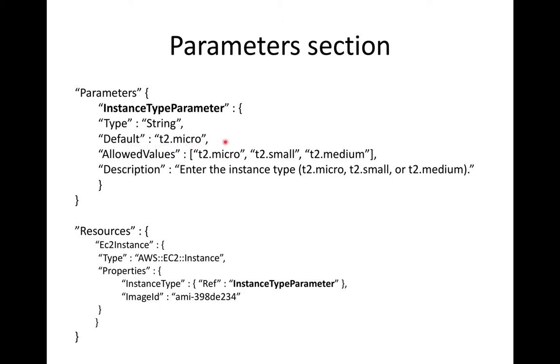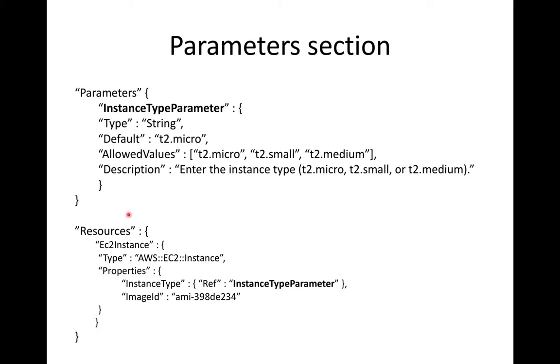If the user doesn't provide a value, then CloudFormation will default to using this value. The allowed values property specifies a list. So if the user provides a value for this parameter, it must be one of these values from this list. And then finally, there's a description, which tells the user what the purpose of this particular parameter is.